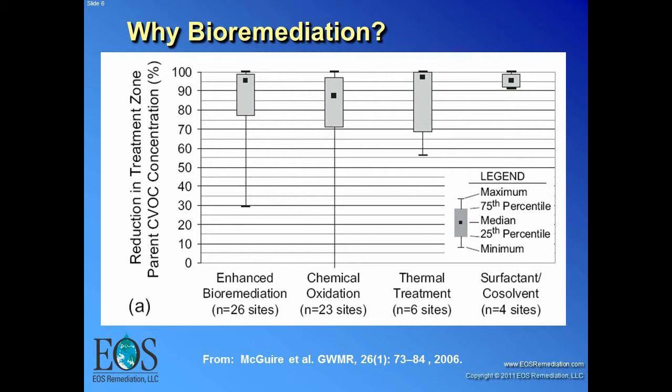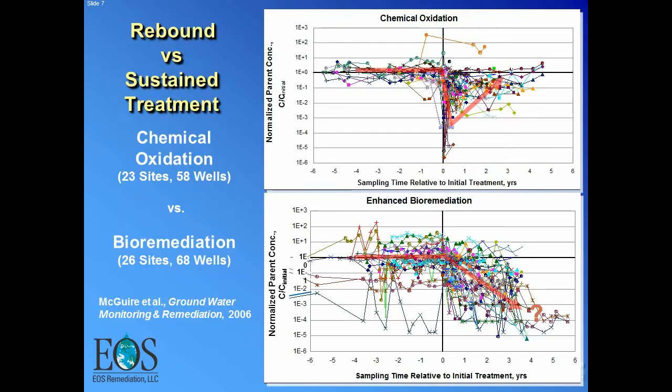I think one of the strengths of anaerobic bio that's really made it more popular is illustrated in this slide. What the people at GSI did is plot measured concentration in a monitoring well right before implementation of the remediation system against measured concentration at different times after.